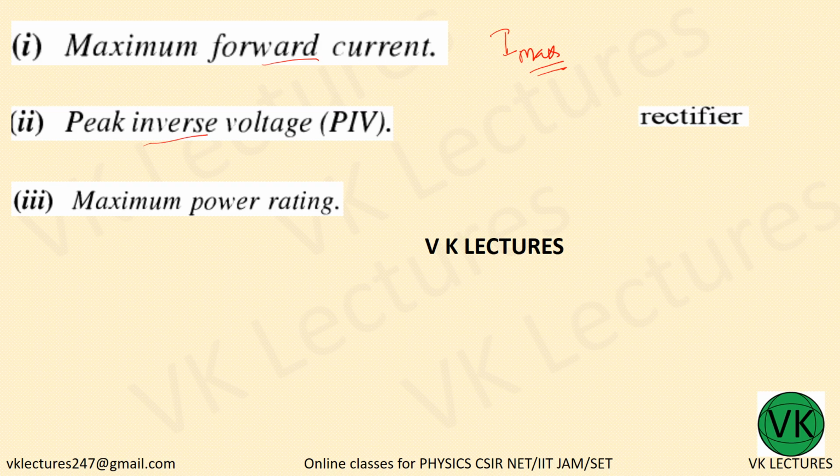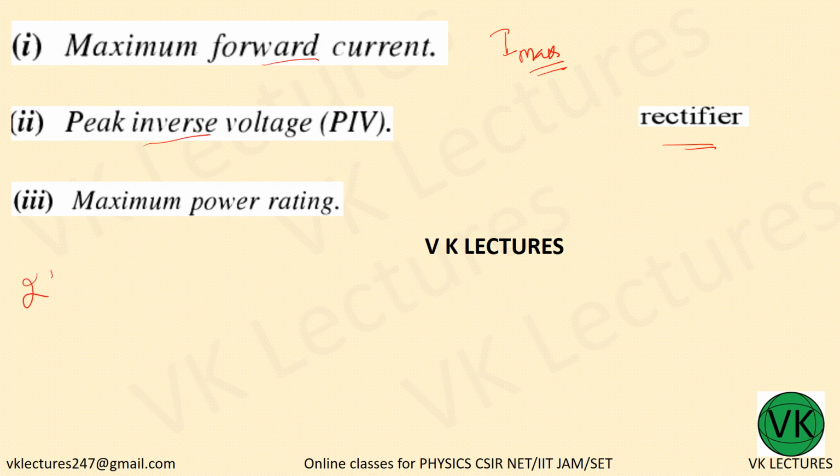Now what is peak inverse voltage? Peak inverse voltage means the maximum reverse bias voltage that the diode can withstand. Mainly it is used in rectifiers. You might have used it in our lab, in rectification.